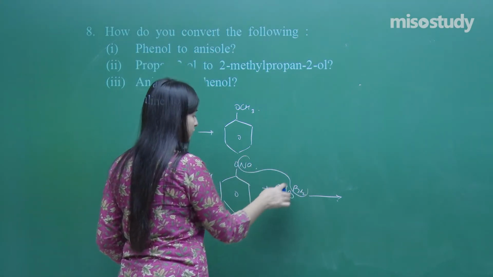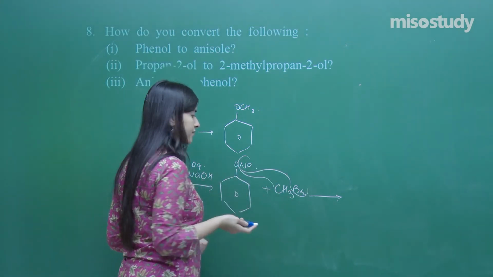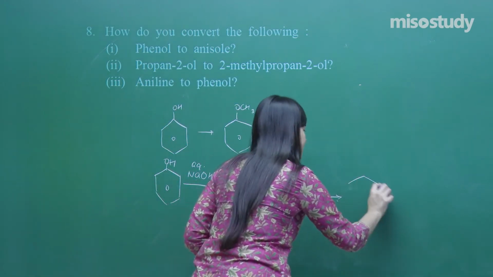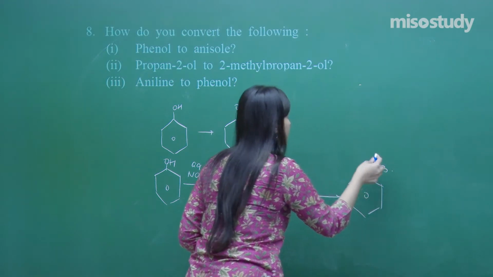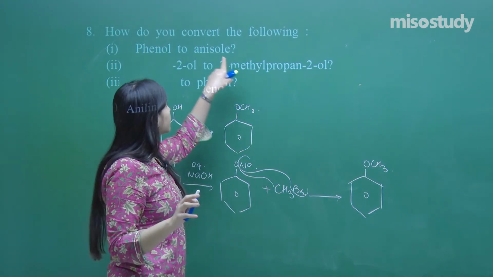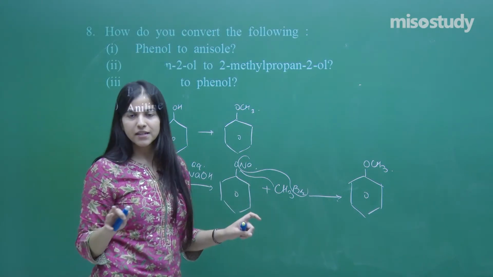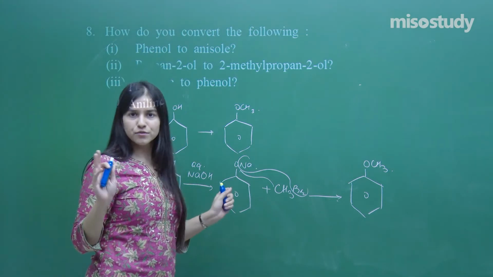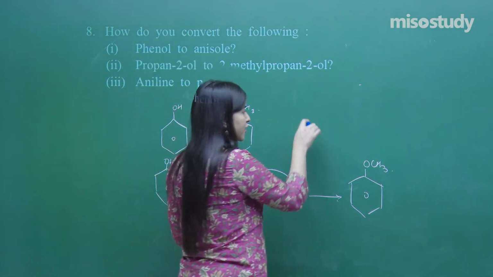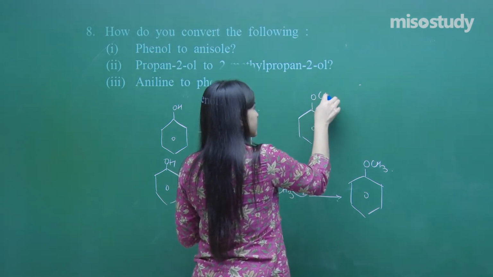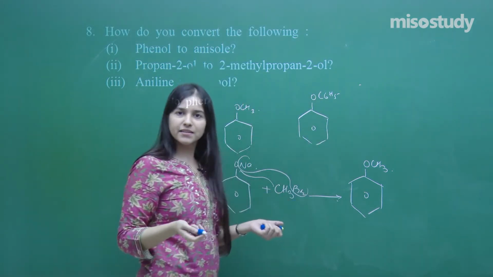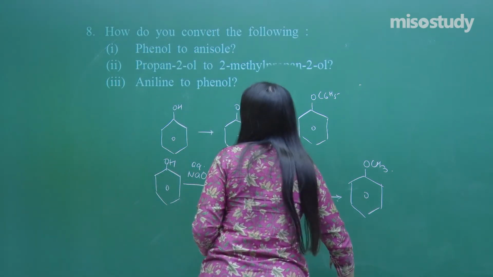NaBr will get removed. CH3 will come and attach over here. Simple. Very simple conversion to anisole. It's just that you need to know what anisole is, right? If you don't know that, then you are not able to make it. So what is phenetole? Phenetole is C2H5 attached here. Yes? Let's move further.